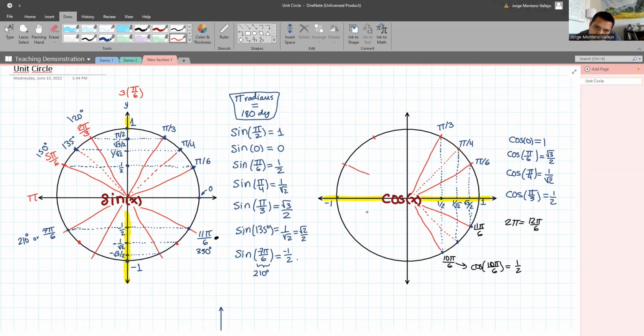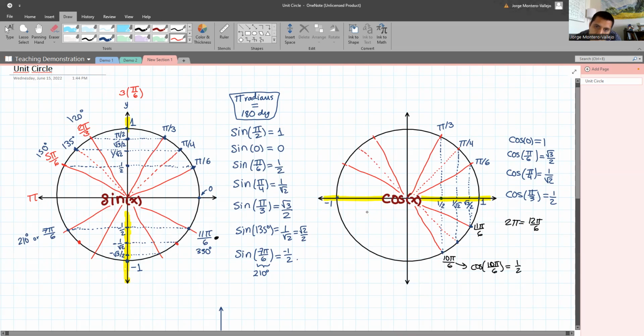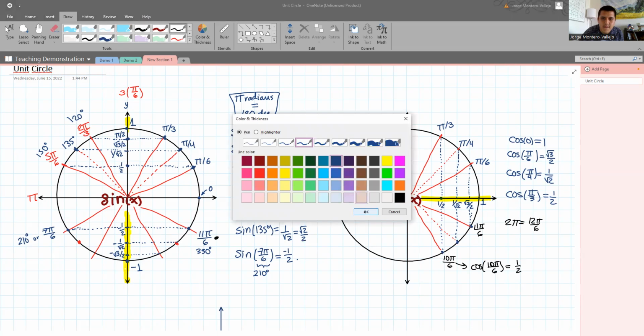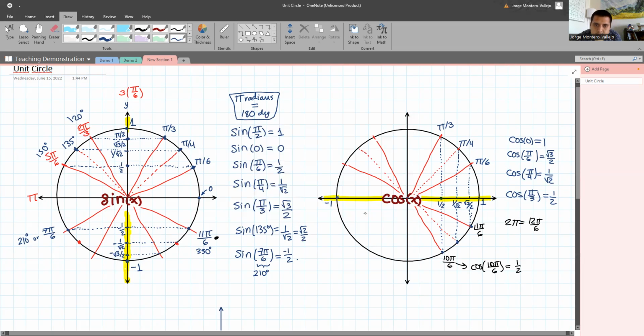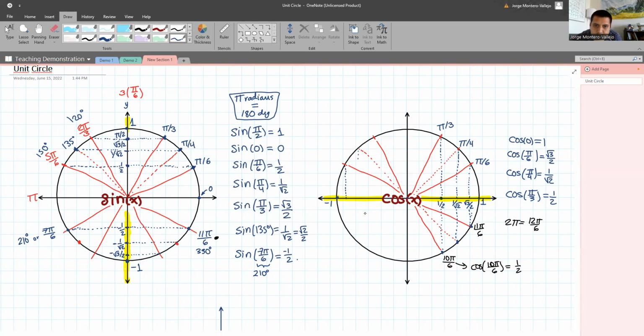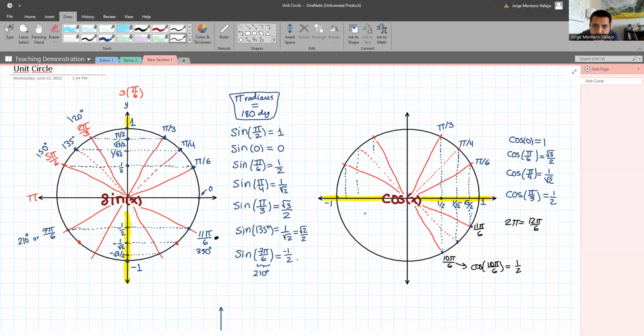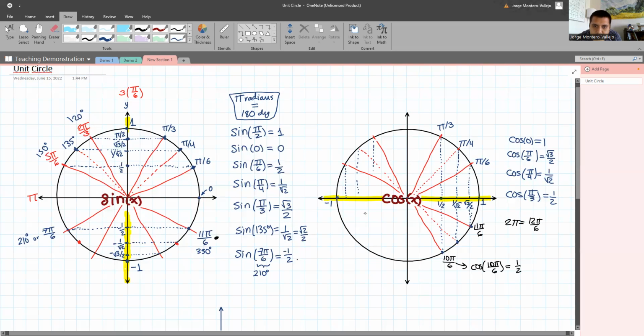Yeah. That, and then halfway through. And their shadows are, let's see. This one is the one that is closer to 1, right? This one is the one in between. So 1 over square root of 2. And then this one is the one that lands halfway through exactly, right?